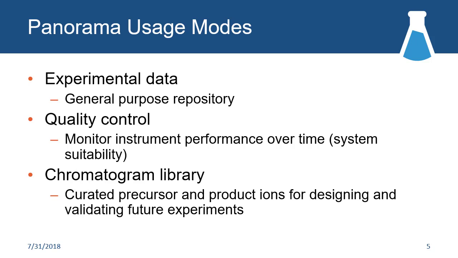And this third category, the chromatogram library, is something that we put in very early in Panorama, and it was kind of late in for a while, and then we seem to be getting some renewed interest in it. A chromatogram library, for those who haven't worked with it, is the MS1 version of a spectral library.